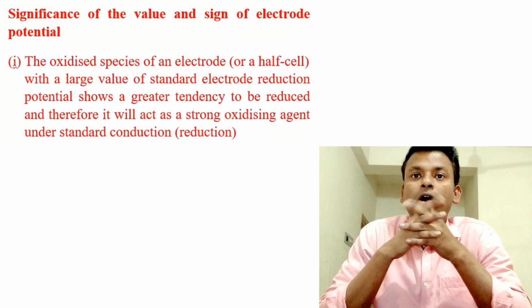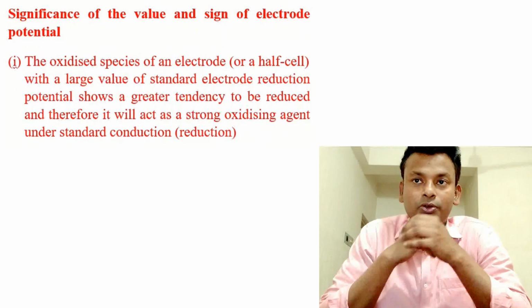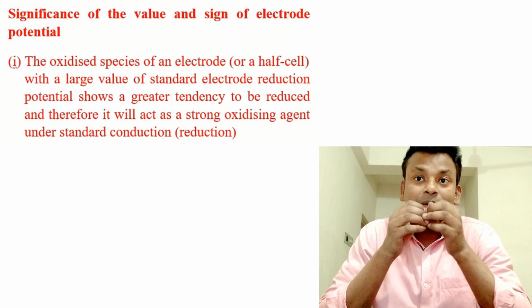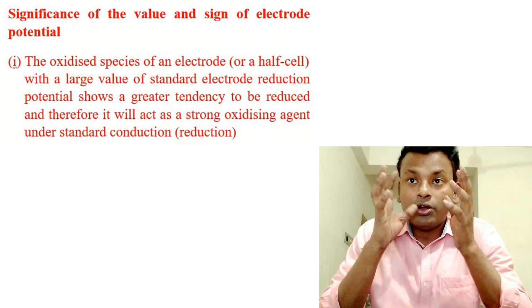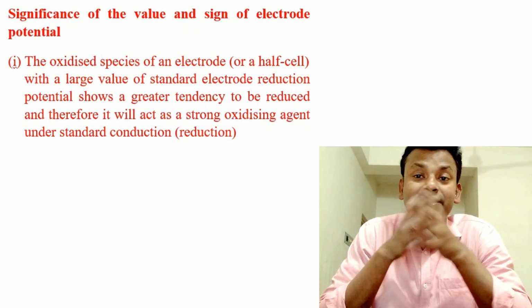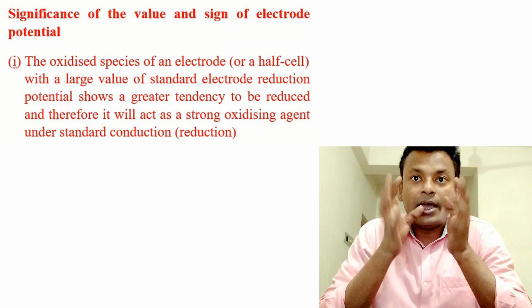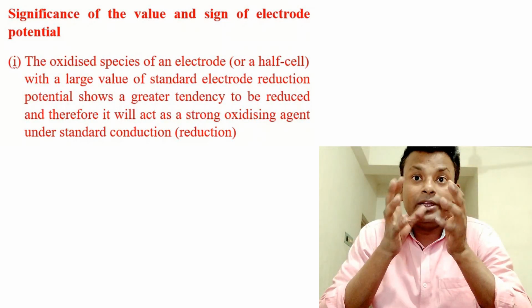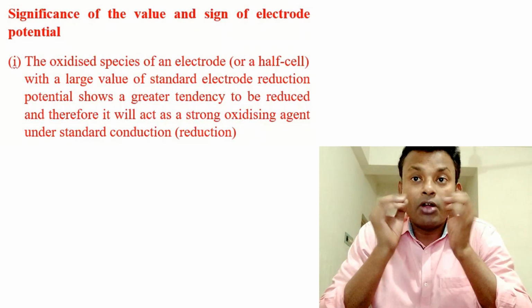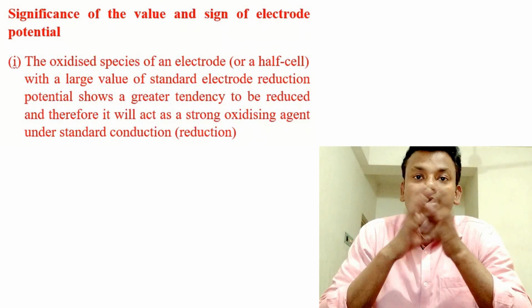First point, the oxidized species of an electrode or half cell with a large value of standard electrode reduction potential, that is E0 value, shows greater tendency to be reduced under standard condition, that is reduction.